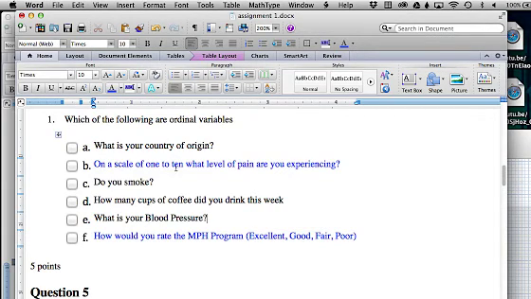On a scale of 1 to 10, what level of pain are you experiencing? You could say, gee, why isn't that a numerical variable? It's a scale of 1 to 10. We're asking them to answer on a whole number basis. Why is that not a numerical variable or even a discrete numerical variable? Well, because when someone responds that the level of pain is 3, we really can't tell whether that person's 3 is the same as some other person's 3.